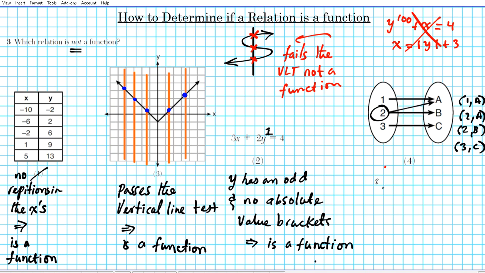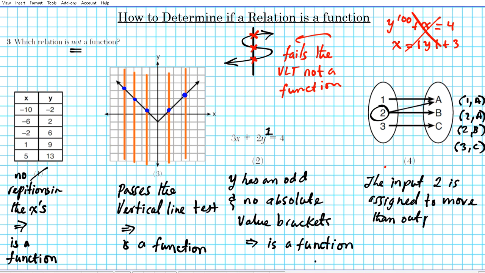All right, so let's write down what we observe here. The input 2 is assigned to more than one output. It doesn't matter if it's 2, 3, 4, 5, 6, it's automatically not a function.